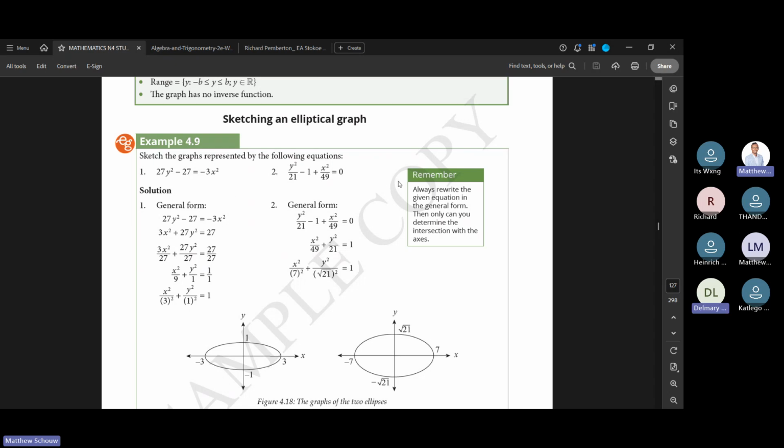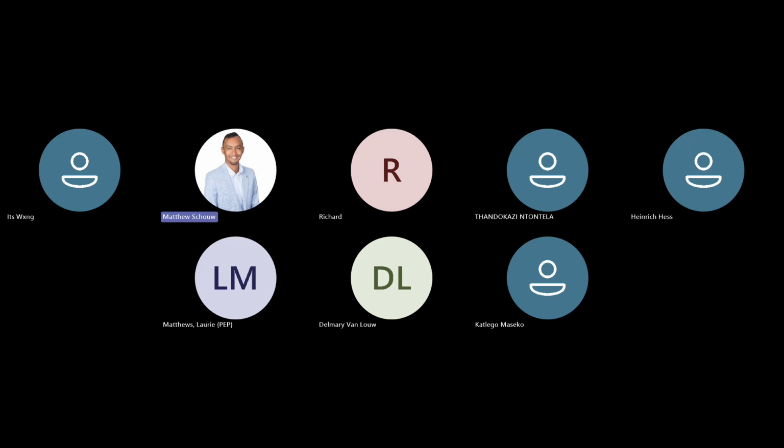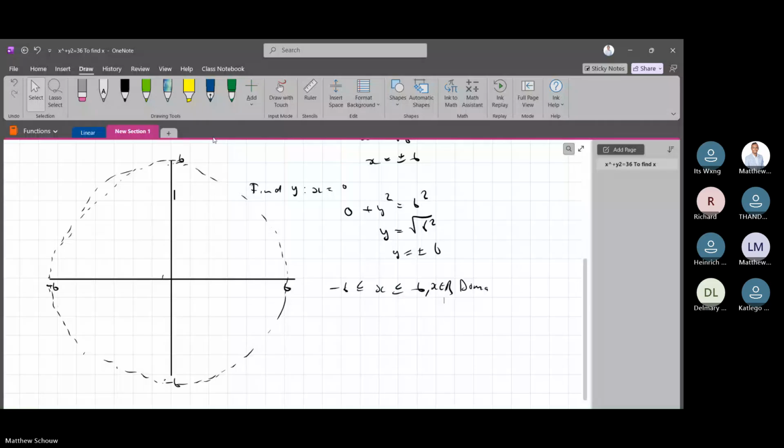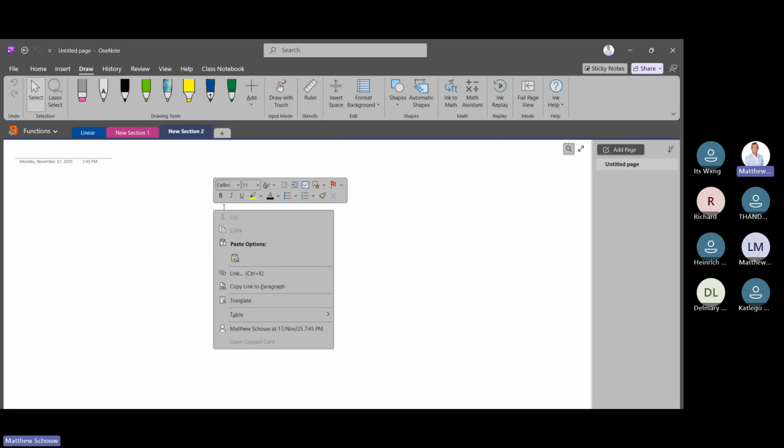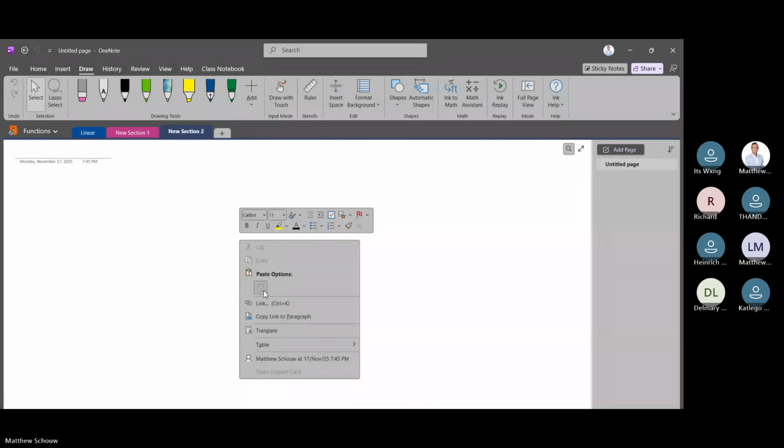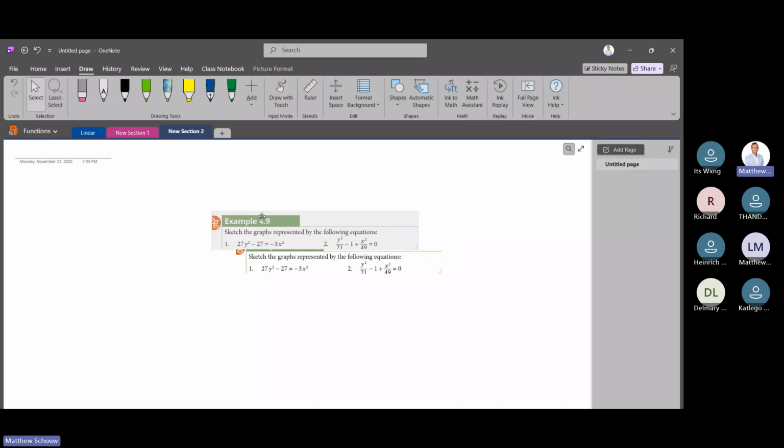Let me share my OneNote and we can begin. So you first make the x0, then the y0, that kind of thing. Let me just quickly do it. Okay, here we go.